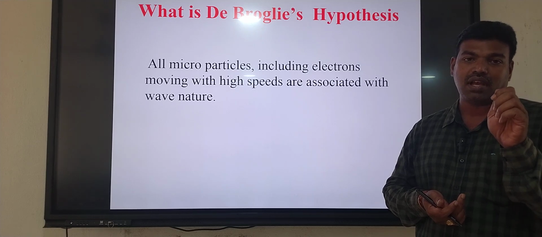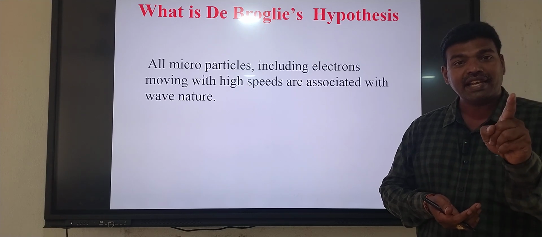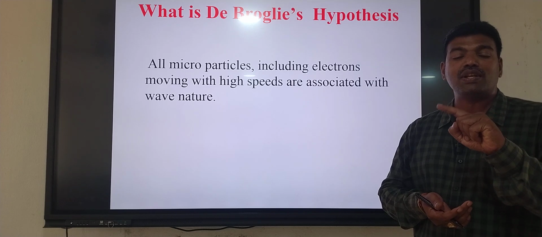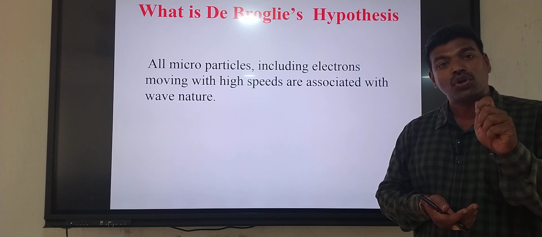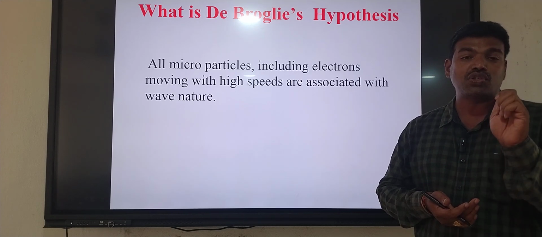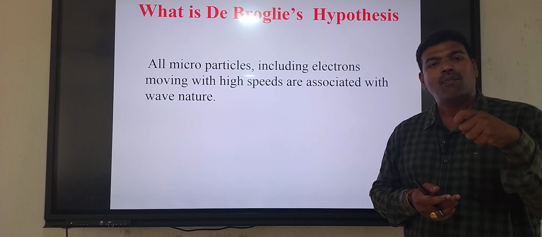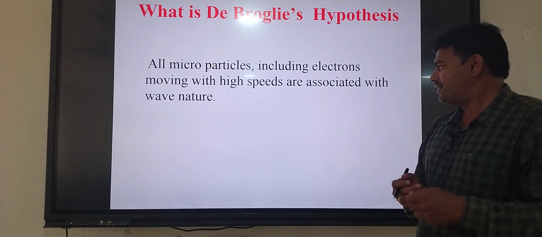Based on this hypothesis, one can admit that electrons revolving around the nucleus in a Bohr's orbit must be associated with the wave nature. I shall draw the Bohr's orbit.